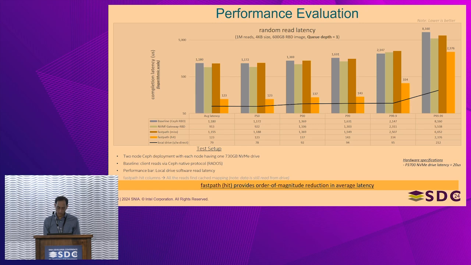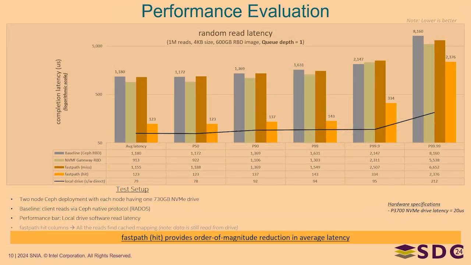So if you just focus on the leftmost set of 4 bars, the baseline is default Ceph using Rados. So that comes up around 1 millisecond. The IO path through the Ceph gateway is thereabouts. It's a little lower, but it's in the same ballpark. And the fast path miss adds a little bit of latency to that.